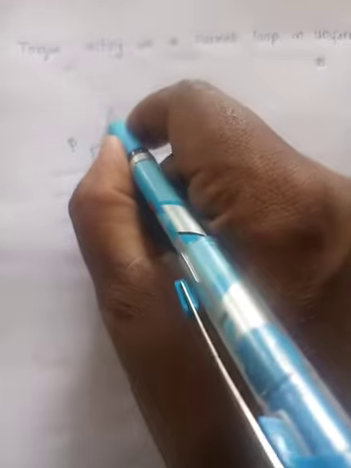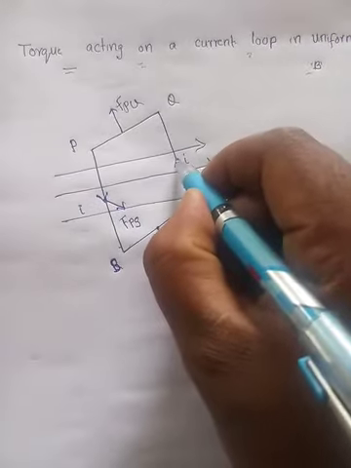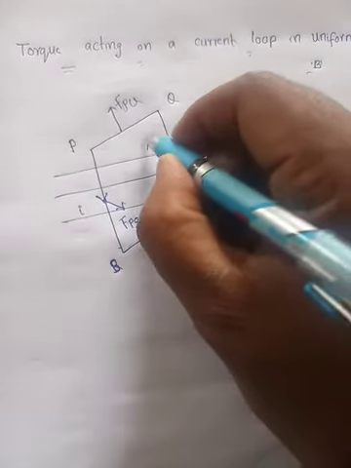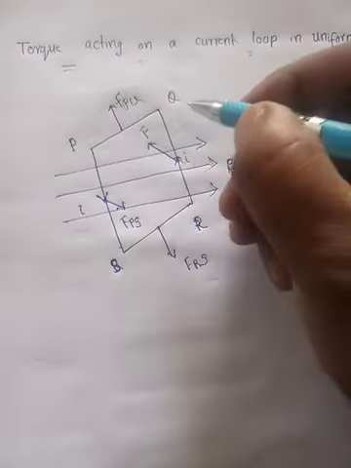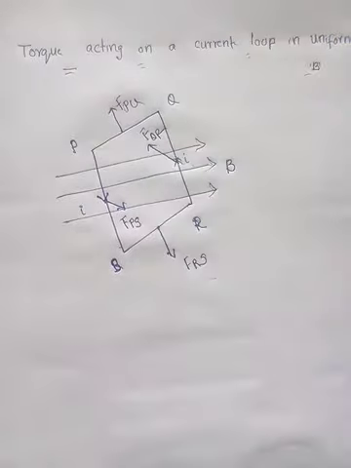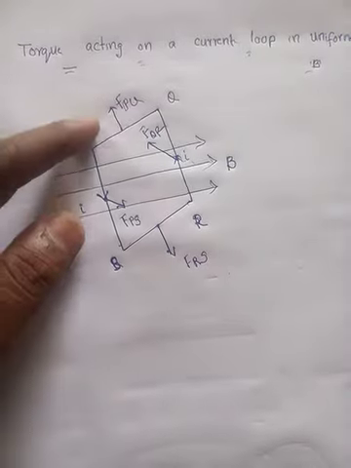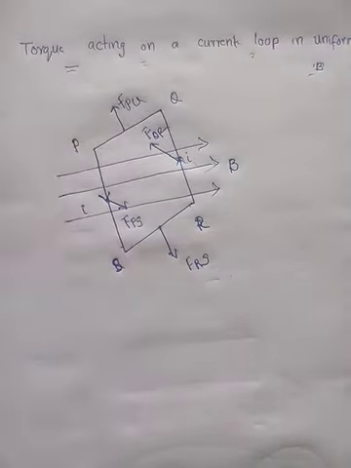This is upwards, FPQ. At this point, it is acting inwards. This is FQR. So these are the four conductors which are placed in the presence of magnetic field and experience these forces. The forces' directions are as represented here.